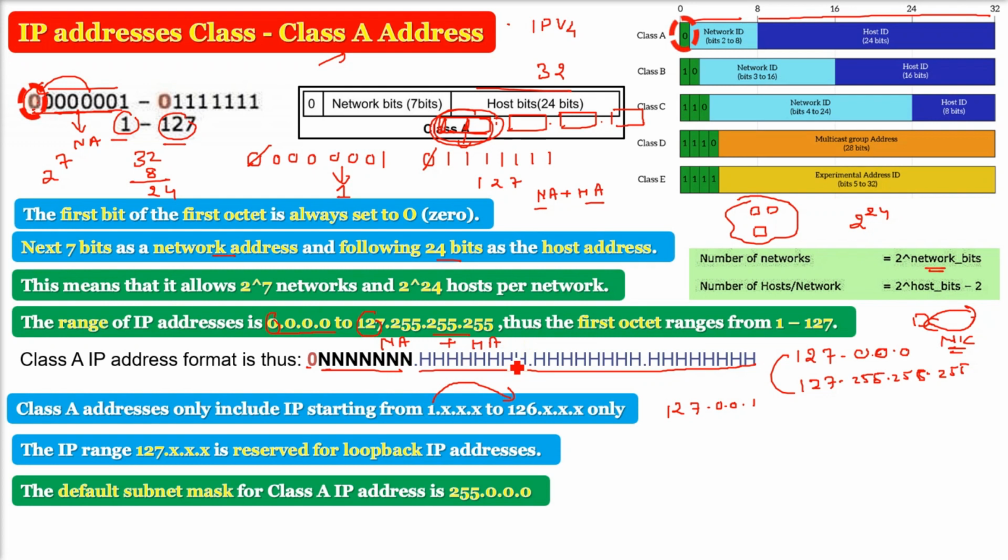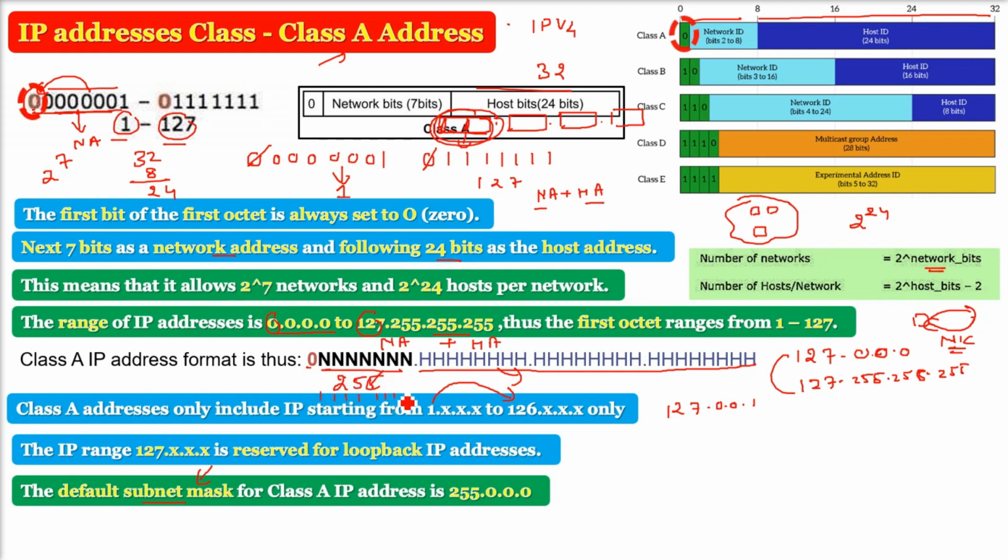So the class A address, or any address, has a network address and host address. Now, how are you going to find out which is the network address and which is the host address? The default subnet mask is used to identify which are the network bits and which are the host bits.